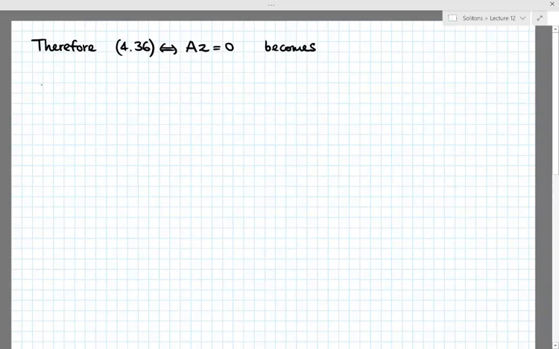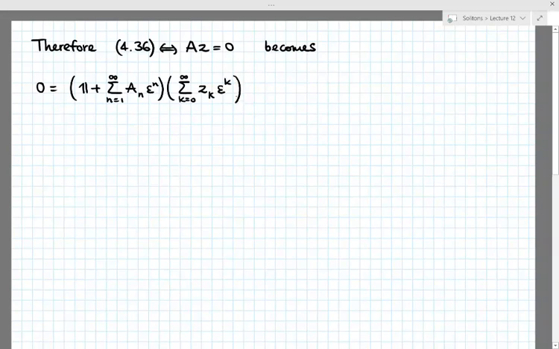So we have 0 equal to, first I'll write A. I remind you that's the identity operator plus sum n from 1 to infinity a n epsilon to the n, and that acts on Z, which we write as sum, say k from 0 to infinity Z k epsilon to the k, where I remind you the zk are functions of x and t, and the an are appropriate differential or multiplicative operators, which I just wrote.